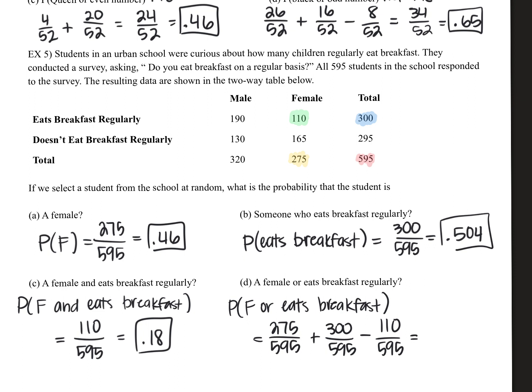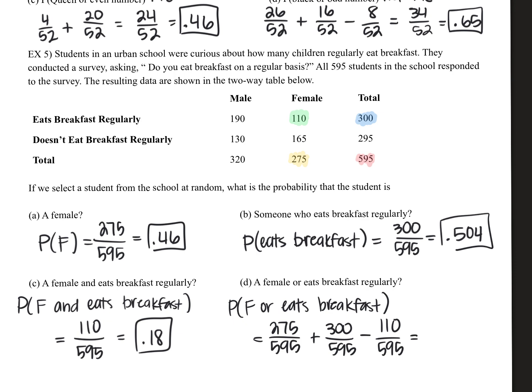Now, in this case, it didn't happen, but a lot of times, if you forget to subtract the overlap for an or that are for events that are not mutually exclusive, you can run into the probability being over 100%. In this case, 275 plus 300 is not over 100%.